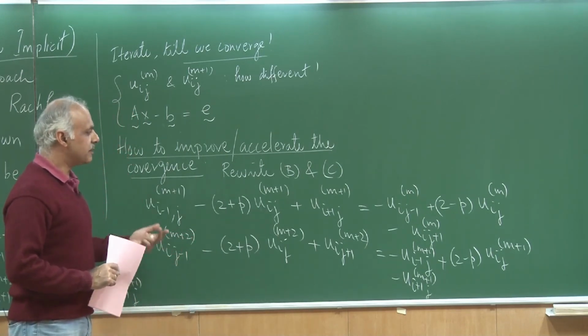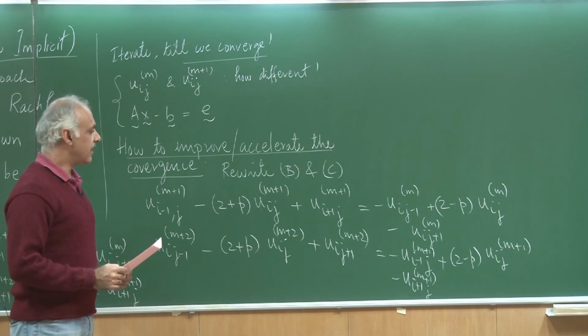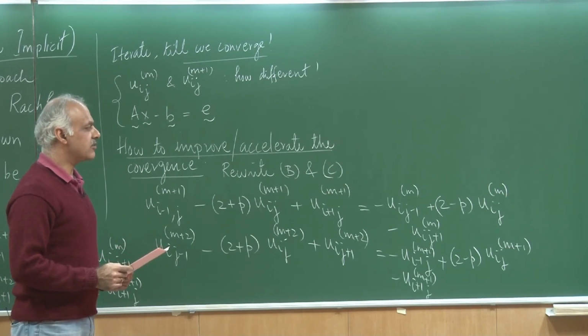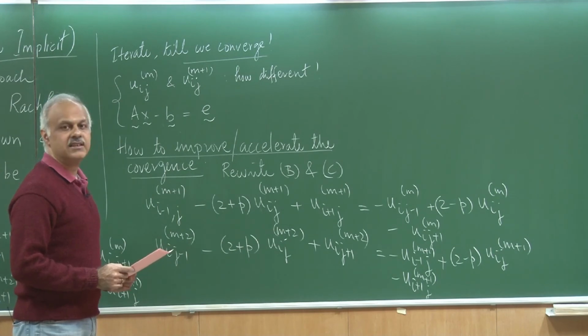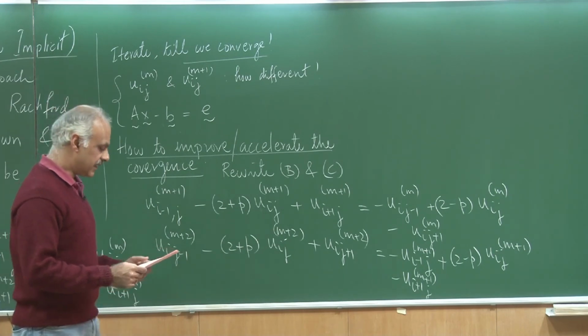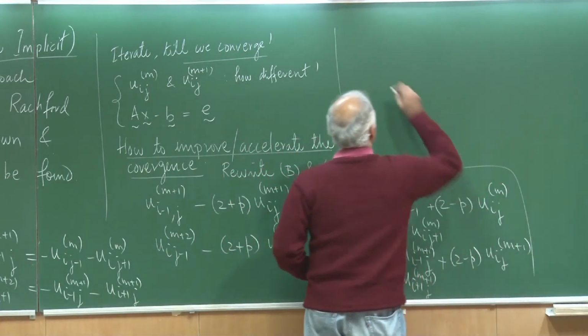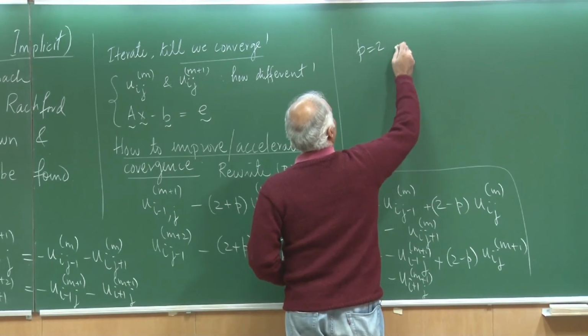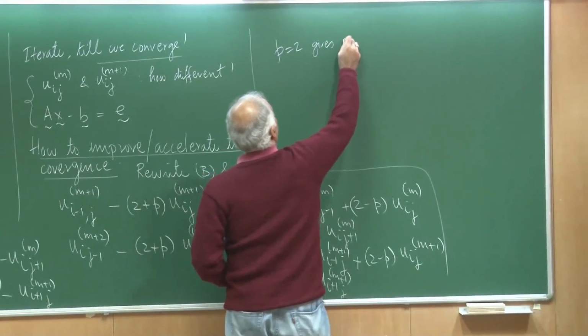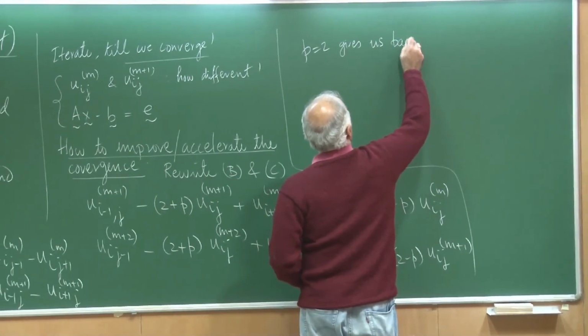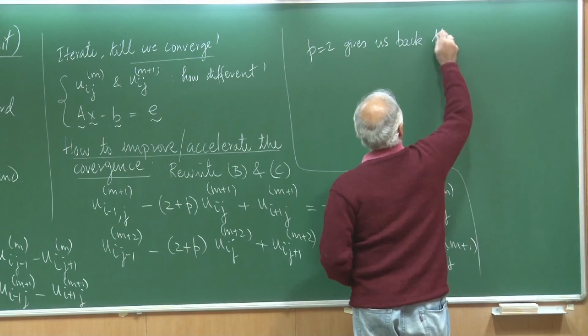Some people have experimented that different values of p lead to a difference in the convergence rate, and it turns out the following. p equal to 2 gives us back the original method.